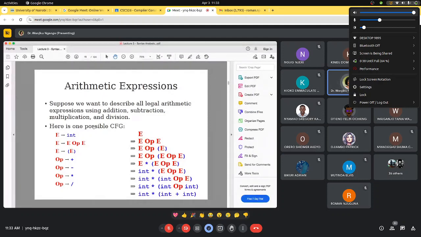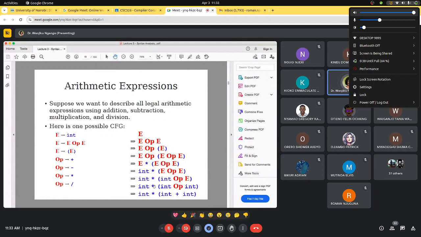Now what we do, once we have the CFG, is that we get our input, our token stream, which would be coming from the scanner. The scanner in this case is saying there's an int token, times token, left paren token, int token, plus token, int token, etc. The role of the parser now is to try and figure out which sequence of production rules from this CFG generates this string. So in this case, op can be written as plus.